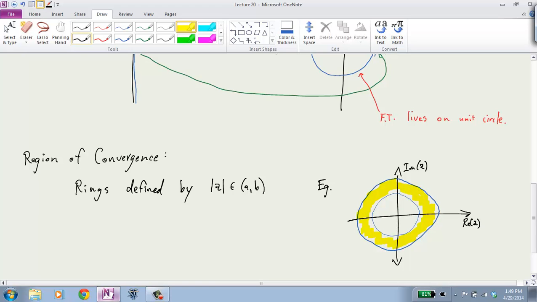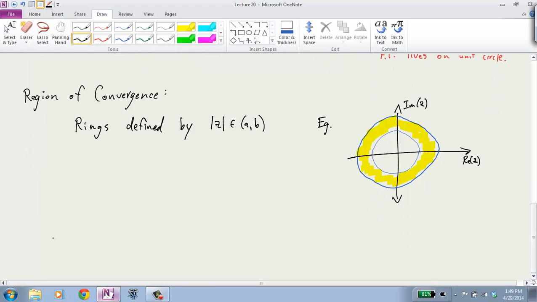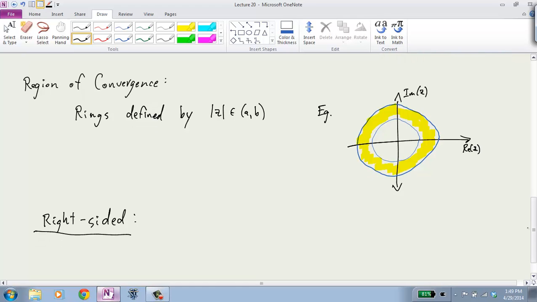Okay? Now, like we talked about last time, if we have a right-sided signal, then we understand something about the z transform. Just as in the continuous case, if we have a right-sided signal, remember what that means, it's cut off to the left. Okay? Then the region of convergence has no outward boundary. So it wouldn't be cut off on the outside here.